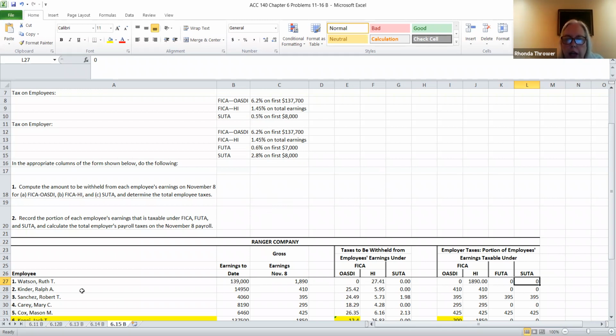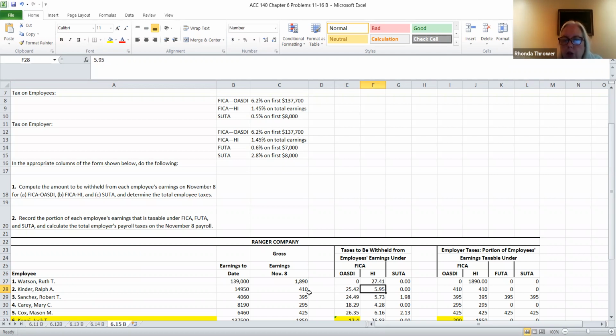So when we look at the next employee, Ralph Kinder, he has earnings to date of $14,950. He's nowhere near the OASDI base. So we're going to multiply the $410 times 6.2% to get the employee's share of OASDI.